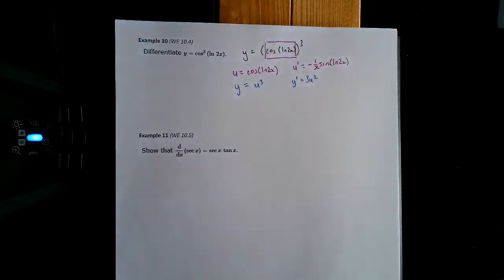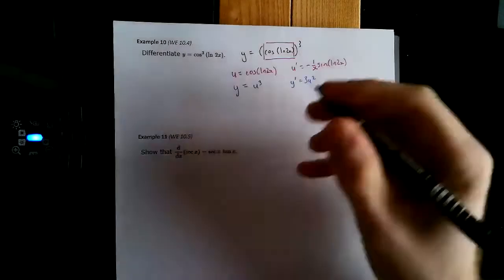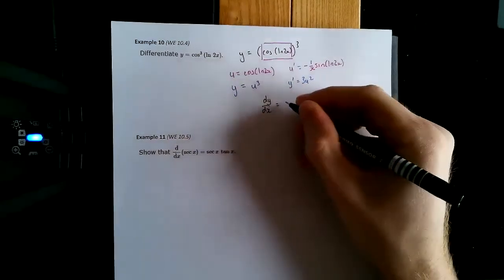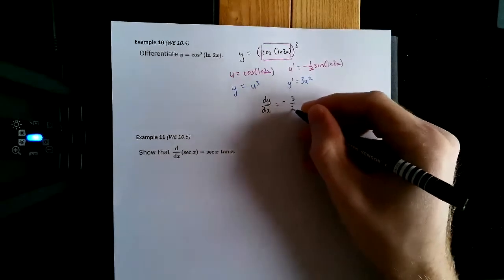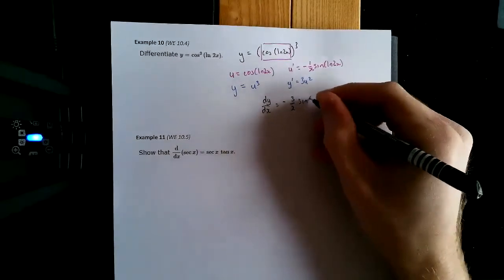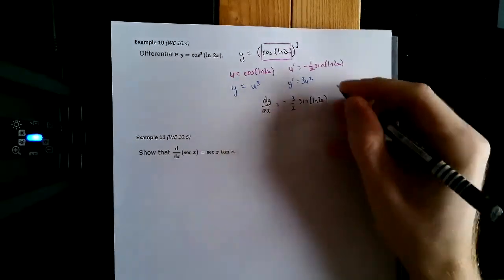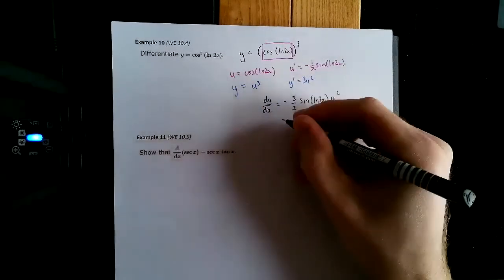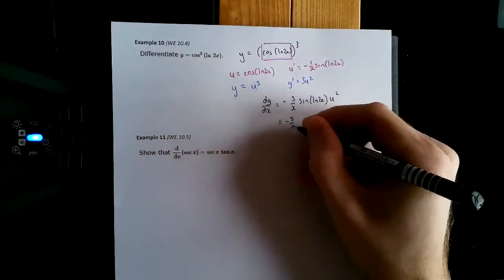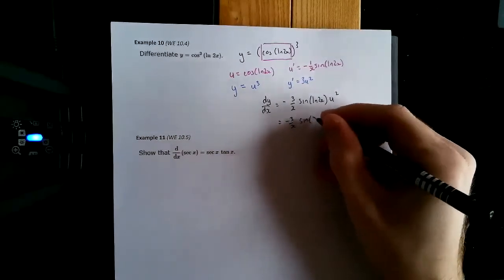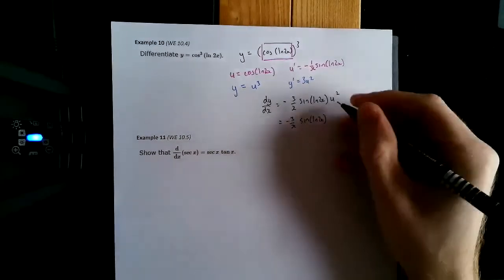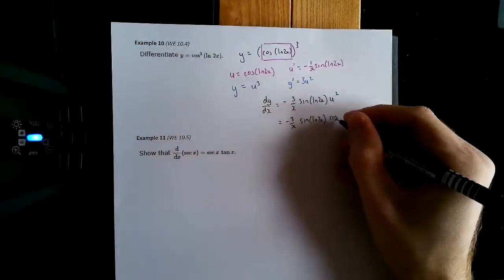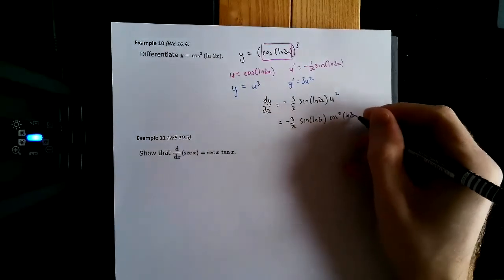And then the chain rule says times these two things together, so dy by dx is minus 3 over x sine ln 2x times u squared. Sub back in what u is, so it's minus 3 over x sine ln 2x, and u was this, so it's cos squared ln 2x.